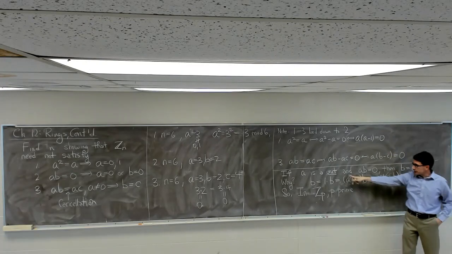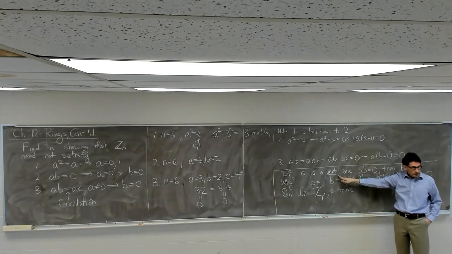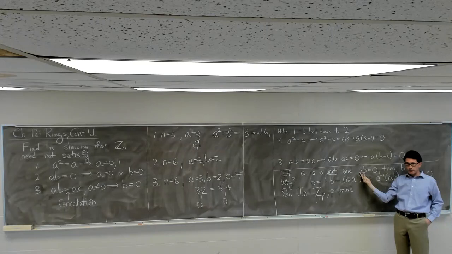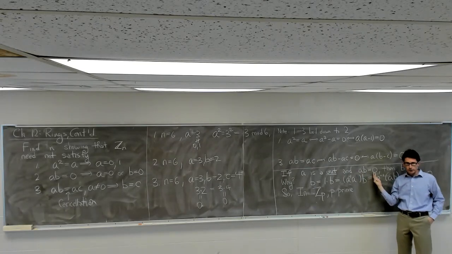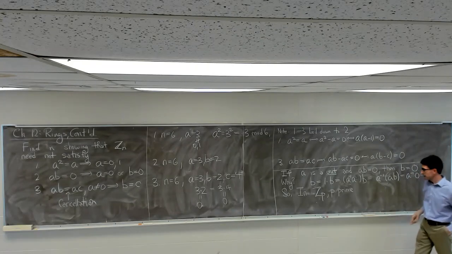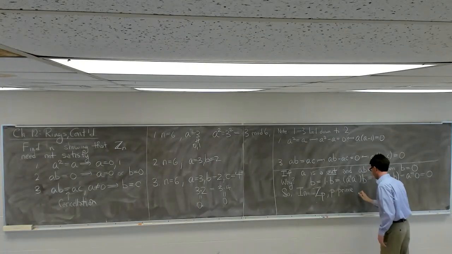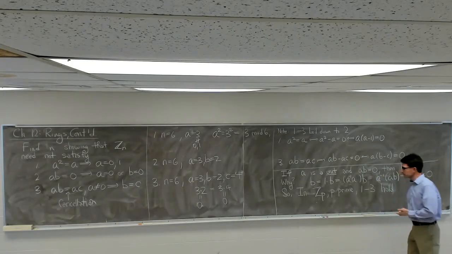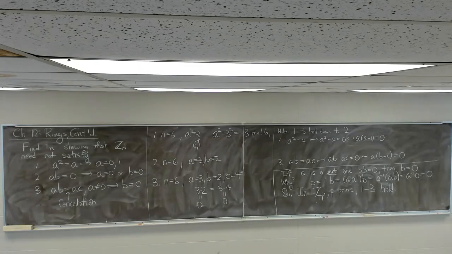Okay? So here we're saying that if we have a unit, then we can cancel, right? So if I have a unit, and that unit is part of a product that is equal to 0, then the other factor has to be equal to 0. Okay. So 1 through 3 would hold in that setting.